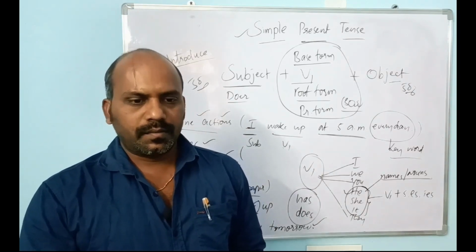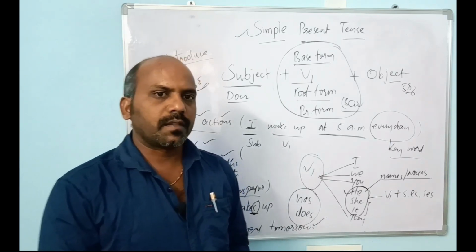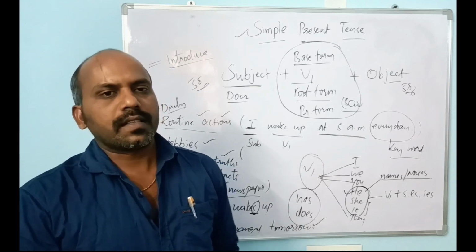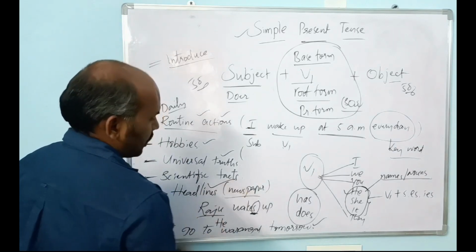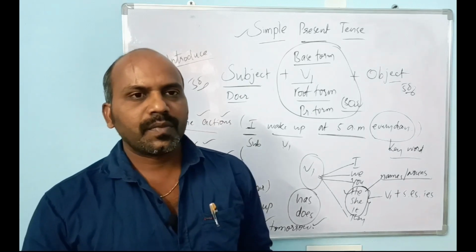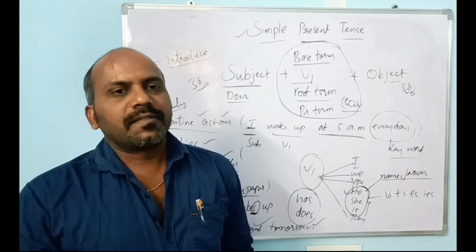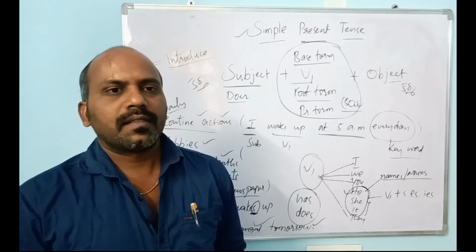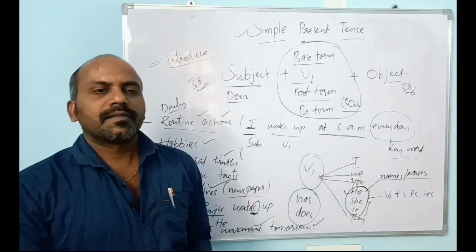Normally, we have seen on a few occasions, like 15th August and 26th January, that other country presidents come to India as a guest. Then you know that two things, headlines and future action, must be expressed in simple present tense. For example, US president arrives 26th January. I mean 26th January is still a week ahead, so it is a future plan, and it is a newspaper headline.